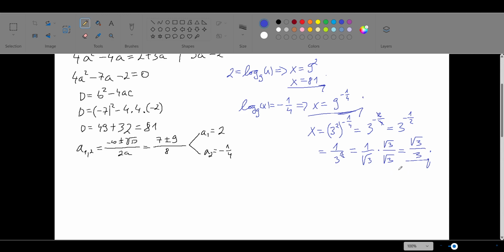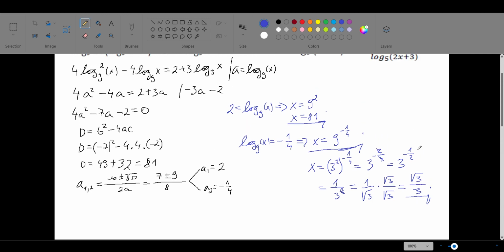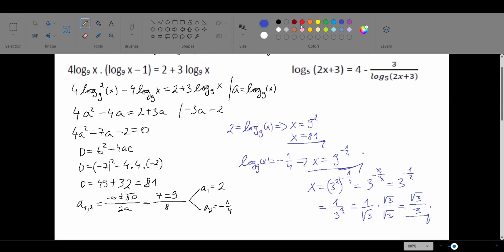Now the question is, why is it important to have the number this way? Probably the answer is that before you start to solve any logarithmic function, you have to think about the conditions or about the domains of all the logarithmic functions which are presented in your equation.